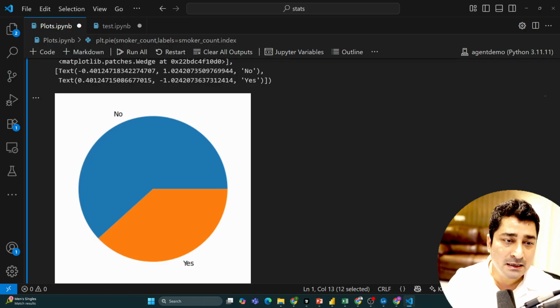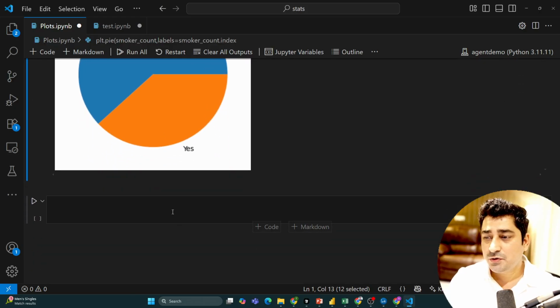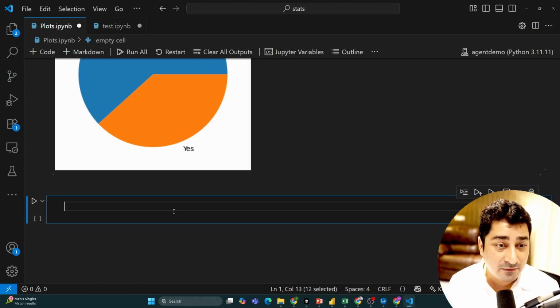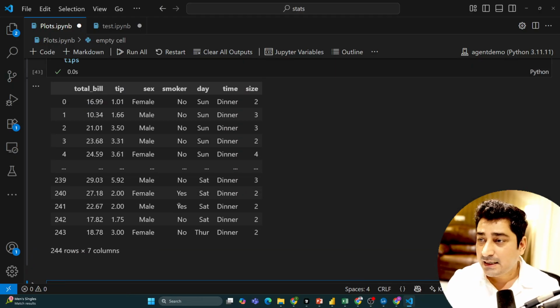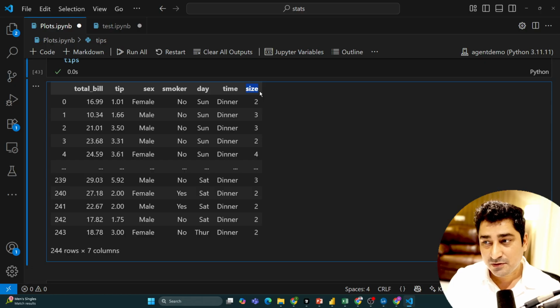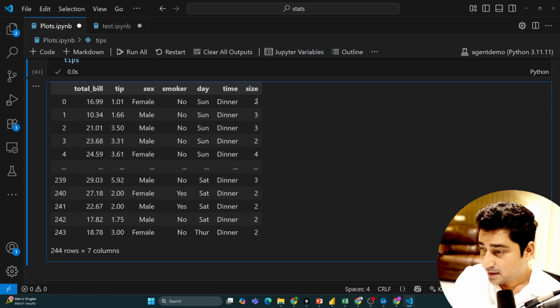Now let's try to plot another graph over here, which is called a line plot. With the help of a line plot, I would like to show you the average tip by table size. We have a table size inside the tips data. Somewhere 2 people are sitting, somewhere 3, somewhere 4.